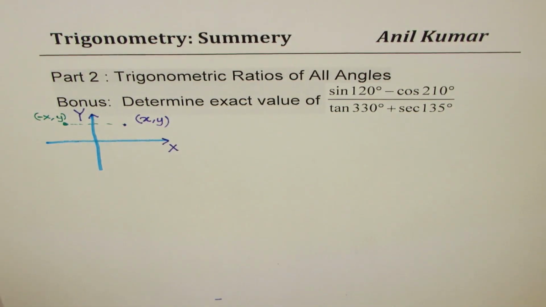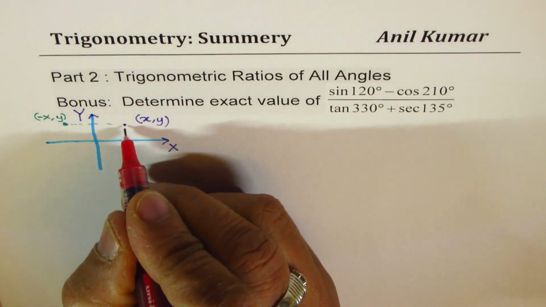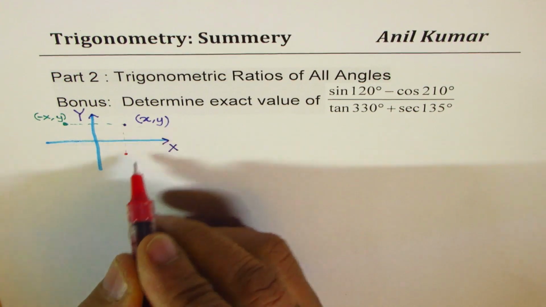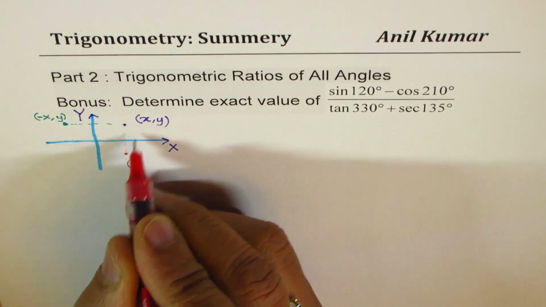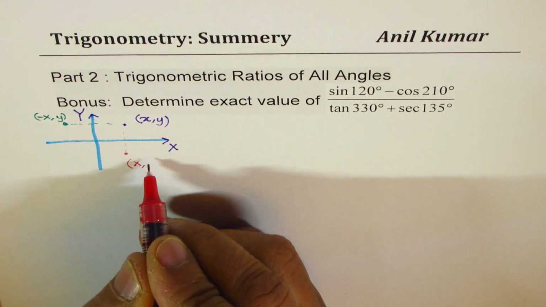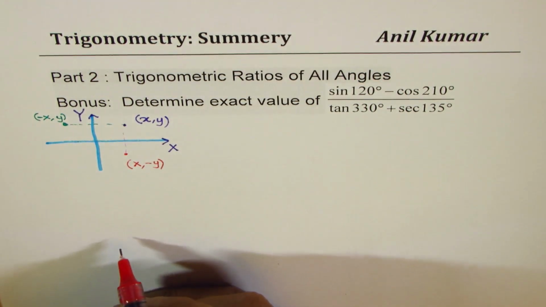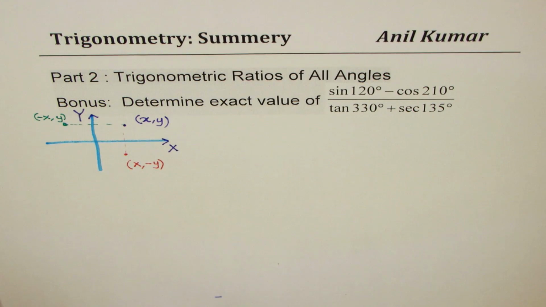If I reflect it on the x-axis, I do get a point here which will have the same x coordinate, however the y becomes negative. Do you see that?